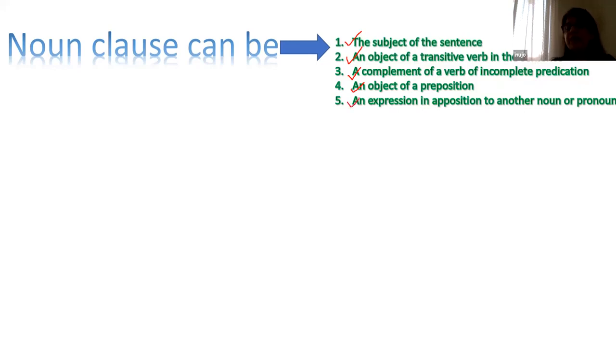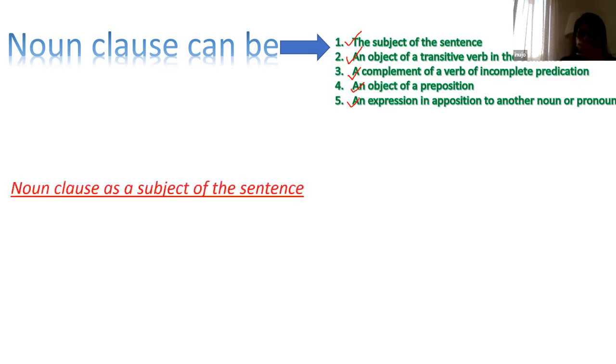So five functions. It can be a subject, an object, a complement of the verb, an object of a preposition, and it can also be an expression in apposition to another noun or pronoun. Got it?